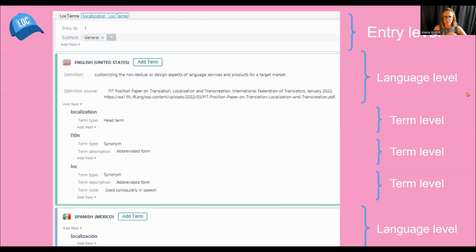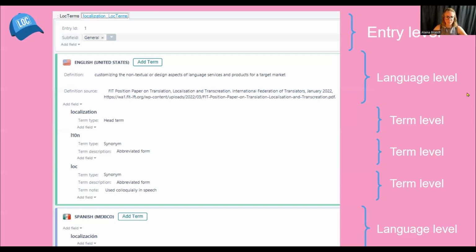So when contexts are used instead of definitions, the context is included at the term level and not the language level, because the context may not necessarily include the head terms and all synonyms. So you just want the context to go with the specific term that is the specific spelling variation of the term that is being contextualized.